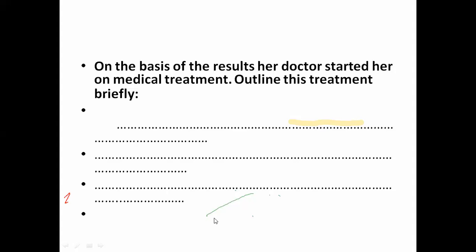Outline the treatment and why you give it. Beta blocker, to relieve the adrenergic symptoms. What else? Anti-thyroid drug. What is the best anti-thyroid? Carbimazole. How are you going to use carbimazole?